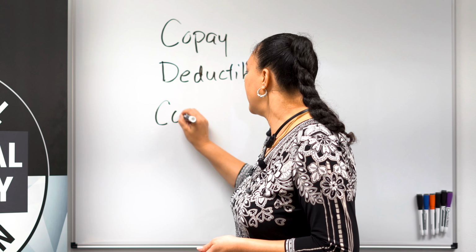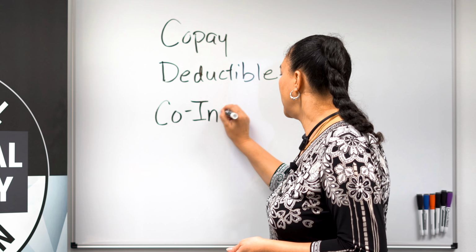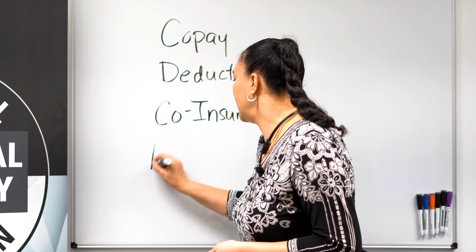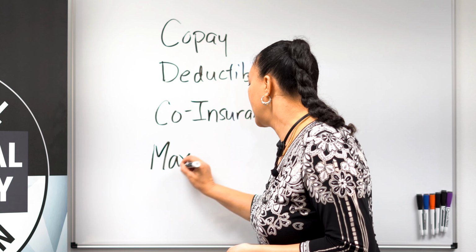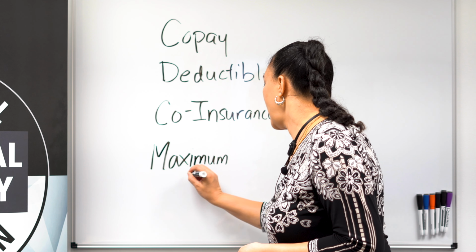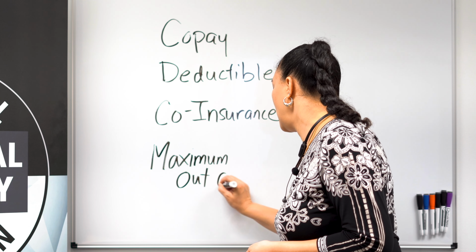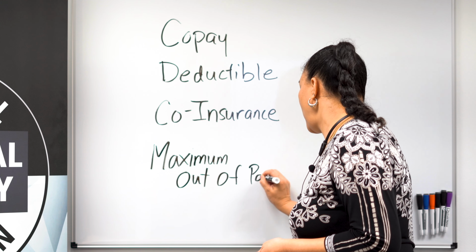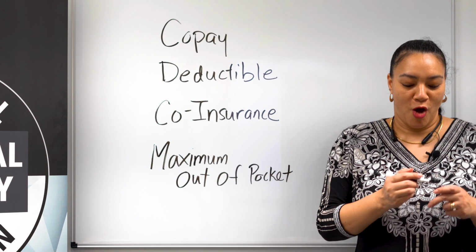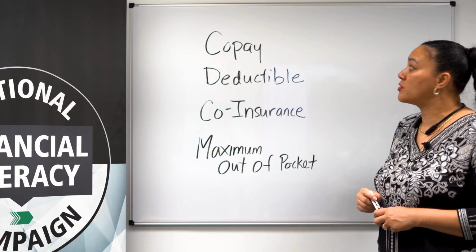And then there is something called co-insurance. And then the last thing I want you to know is the maximum out of pocket. We call it a MOOP, M-O-O-P. All right, so these are the four words we're going to talk about.